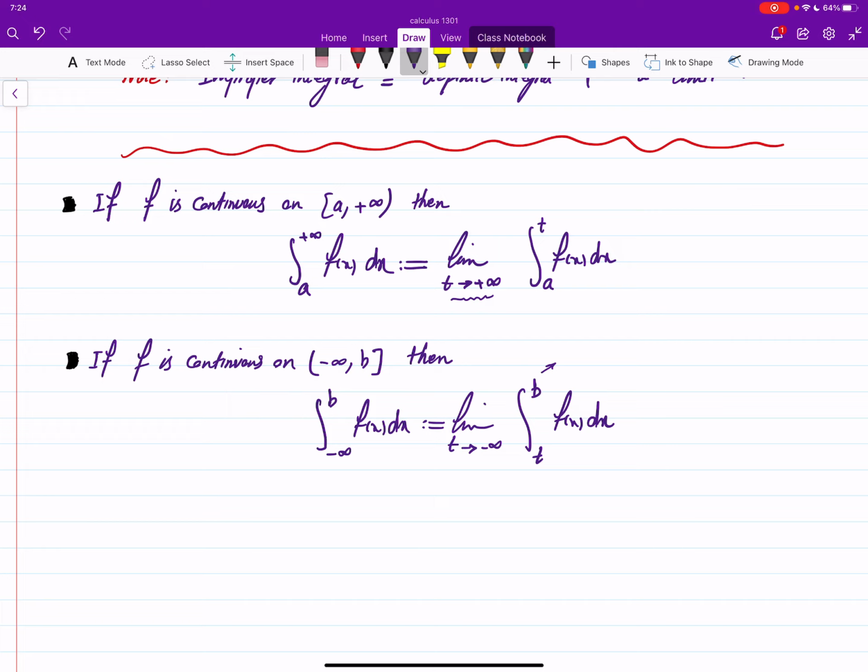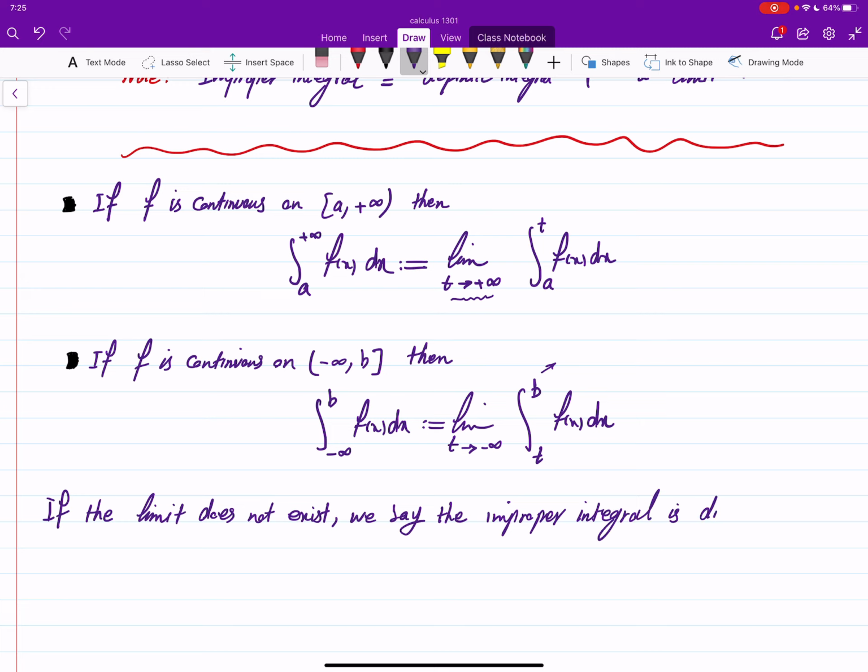So in both cases, if the limit exists, then the value of the integral is equal to the value of the limit. If the limit does not exist, we say the improper integral is divergent.